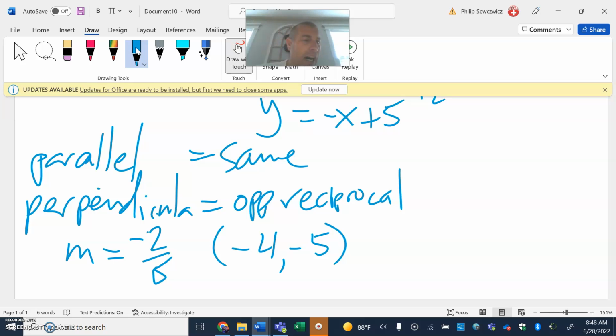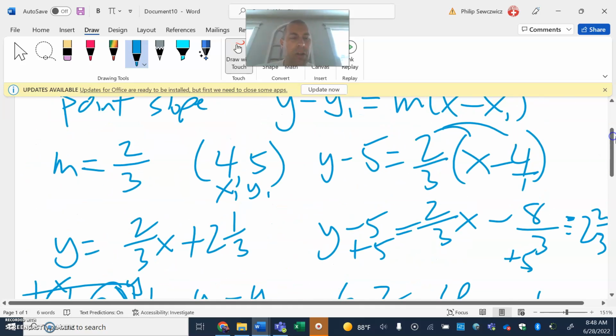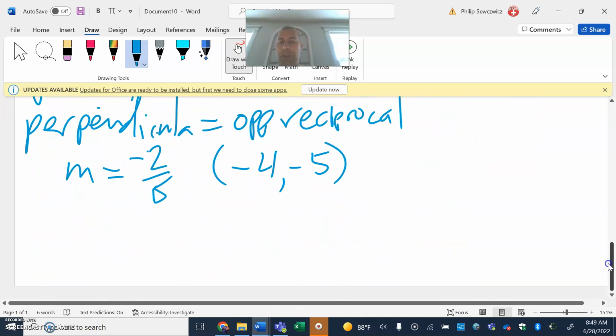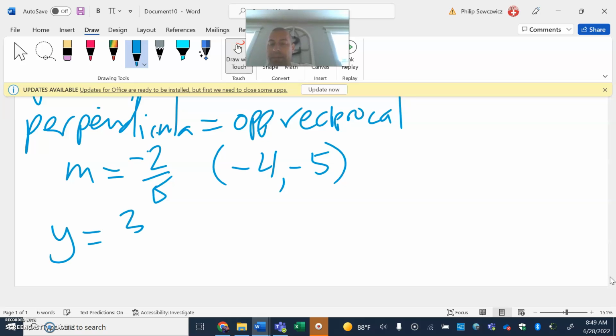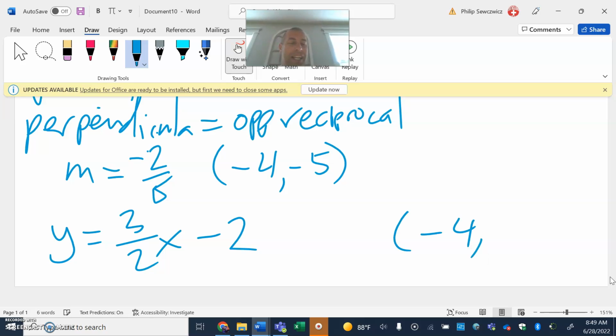And then let's just show you a few other things that they'll ask you to go along with this using your point slope formula. Sometimes they won't just give you the slope. Sometimes they'll give you an equation, 3/2 x minus 2. And they'll say, write an equation of a line that's parallel and goes through the point negative 4, negative 7.